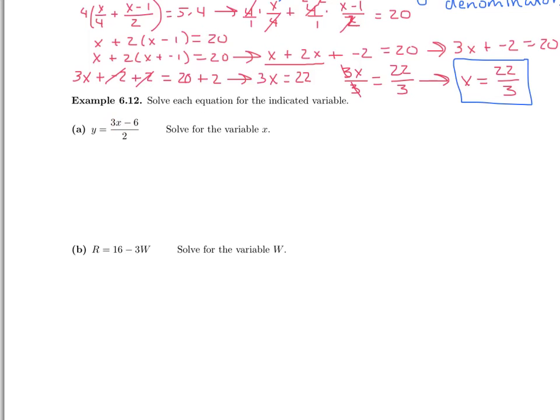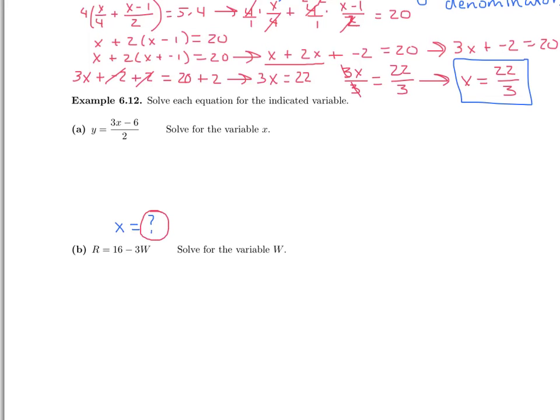Our goal is to solve this equation for the variable x. So in other words, our goal is to arrive at an equation that has this form. Now, what about the other variable y? Well, the other variable y is going to show up in the question mark here.